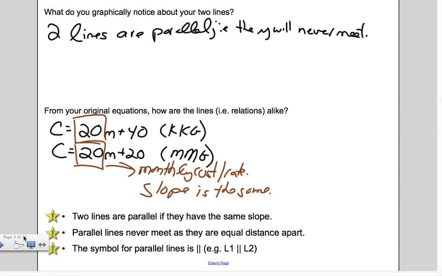Finally, the symbol for parallel lines is two vertical bars.